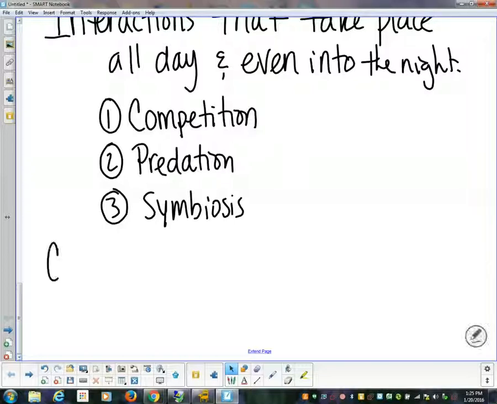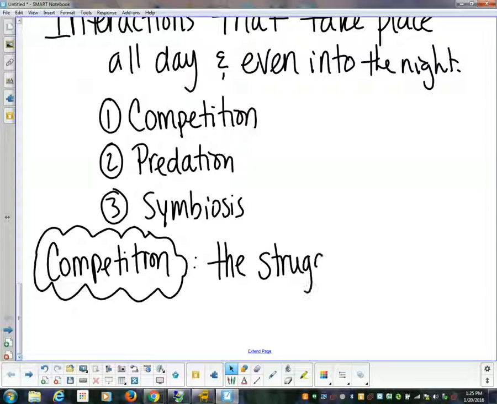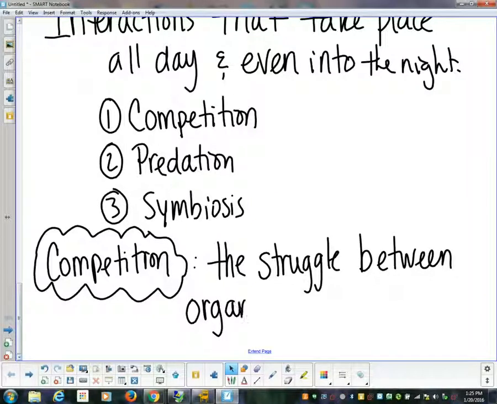So the first one, competition, is the struggle between organisms to survive.